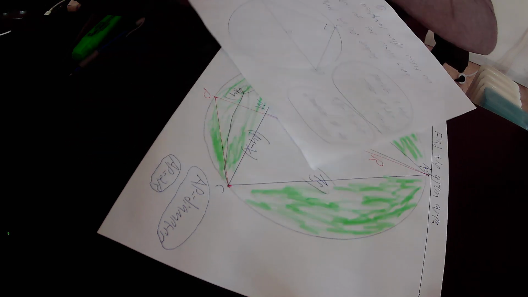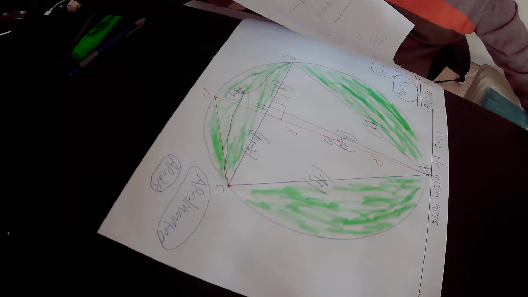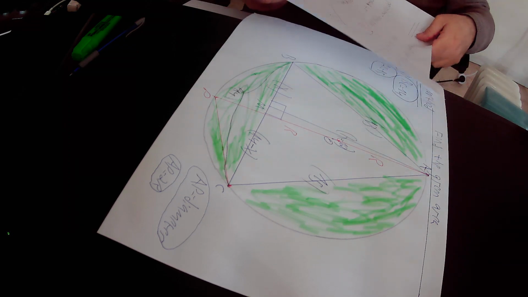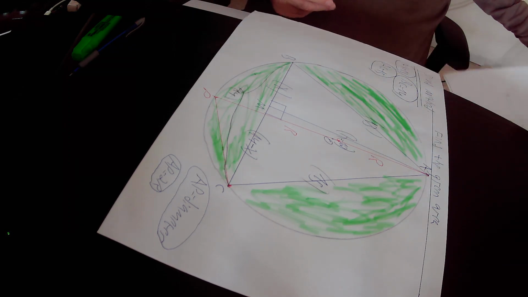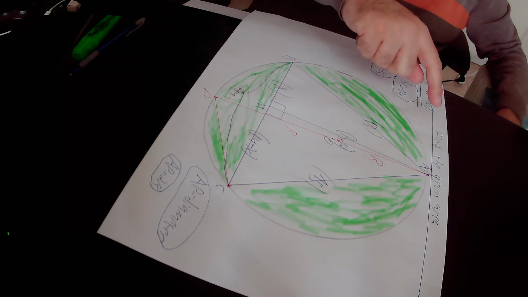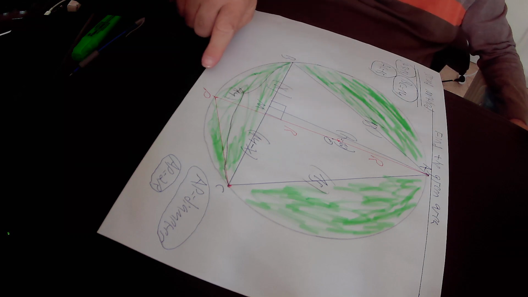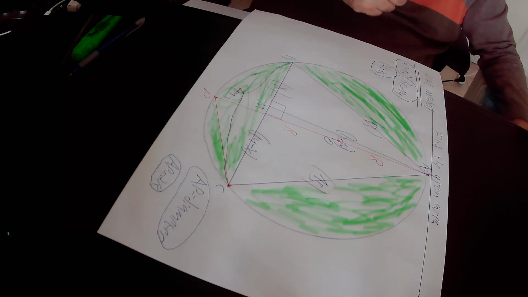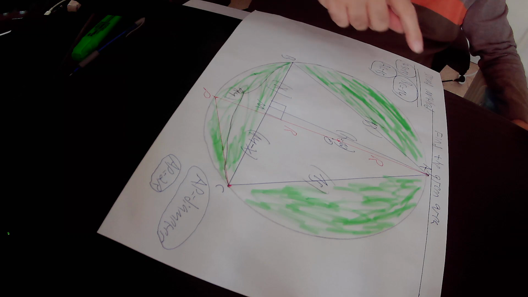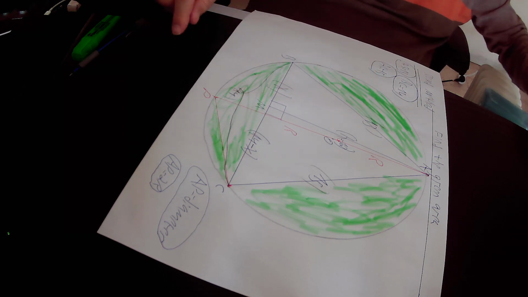So we can implement rule number 7 in our drawing. Why? Because in our drawing, we have peripheral angle ACP. This peripheral angle ACP rests on AP, that is the diameter of the circle. Therefore, according to rule number 7, peripheral angle ACP must be equal to 90 degrees.